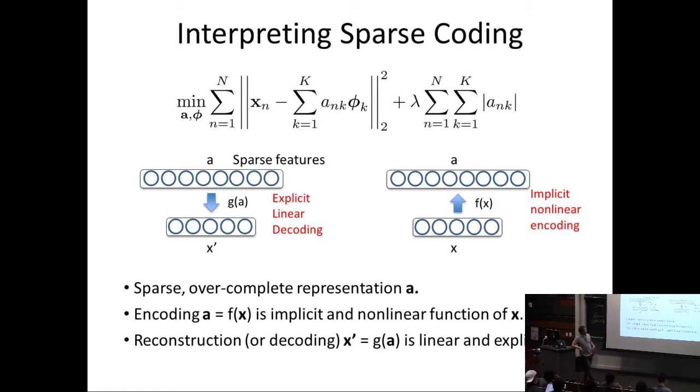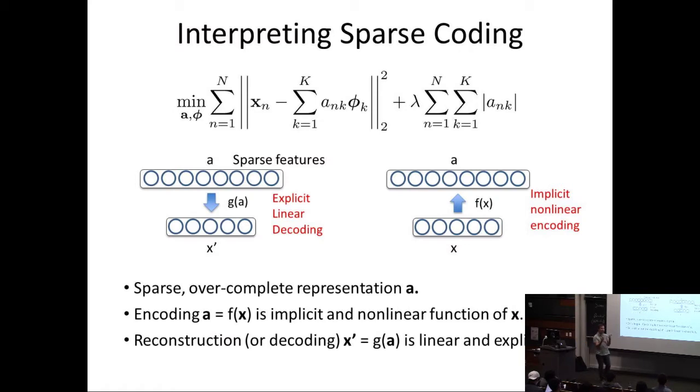So just interpreting sparse coding again, let me emphasize what sparse coding is doing: the decoding function is an explicit linear decoder, while the encoding function is nonlinear. And it's a very complicated nonlinear function, right? Because the only way to write this function down is as the solution to an L1 optimization problem.